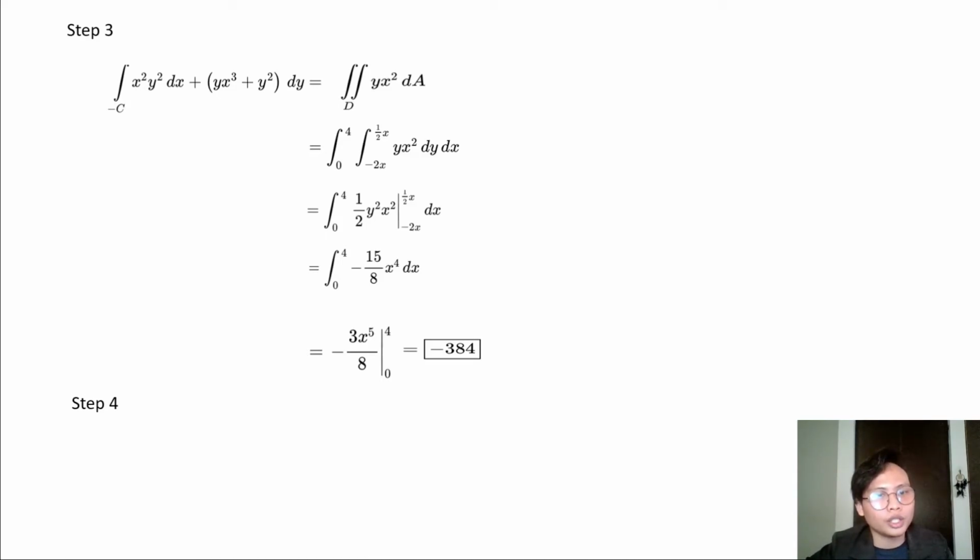Okay, now we can forget that the integral in step 3 was not the integral we were asked to find the value of.